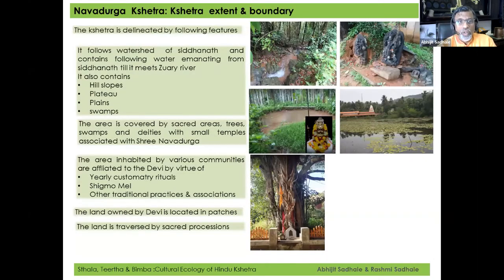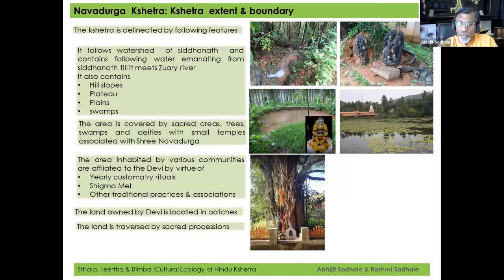It contains a lot of natural elements: springs, slopes, plateaus, water harvesting systems, and a variety of trees. Each of these has been deified and associated with a sacred association. The area is inhabited by communities which are affiliated to the Kshetra by virtue of various rituals.